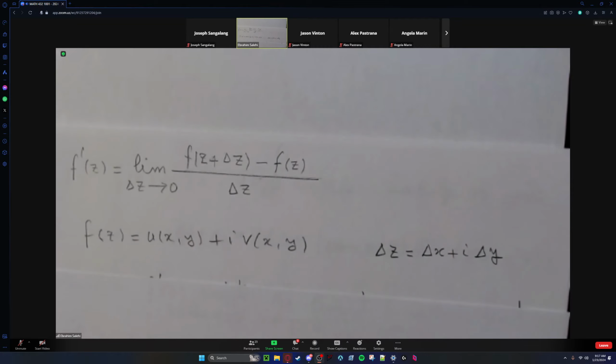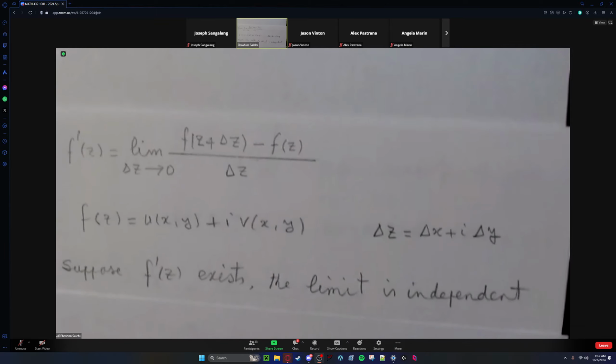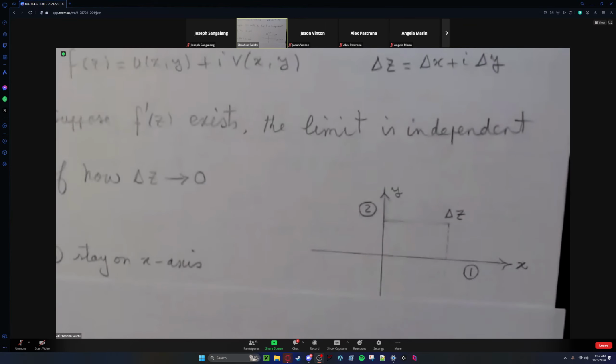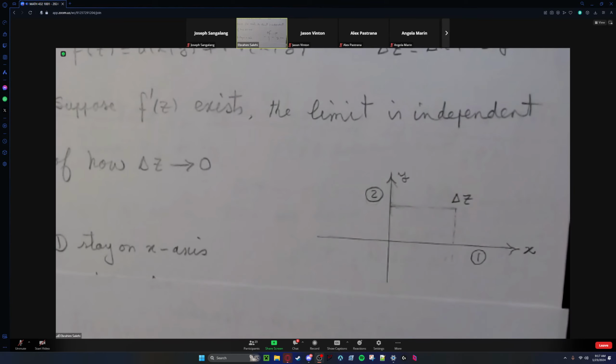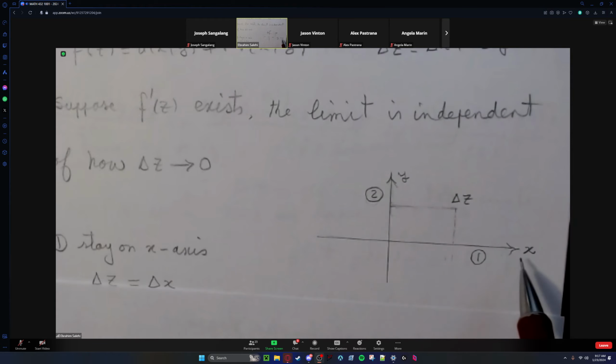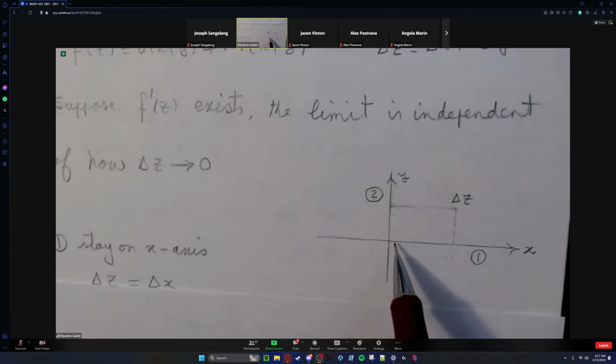All right, let's form this fraction first. Staying, for instance, parallel to the x-axis and approaching this z.